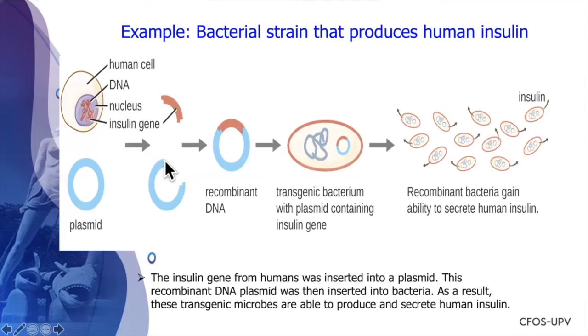You use the same molecular scissors to cut the plasmid of the bacteria and your insulin gene, so that when you paste them, they will fit. Then you transfect that into a bacterium. It goes in, and every time it multiplies or grows, it carries the human insulin gene.